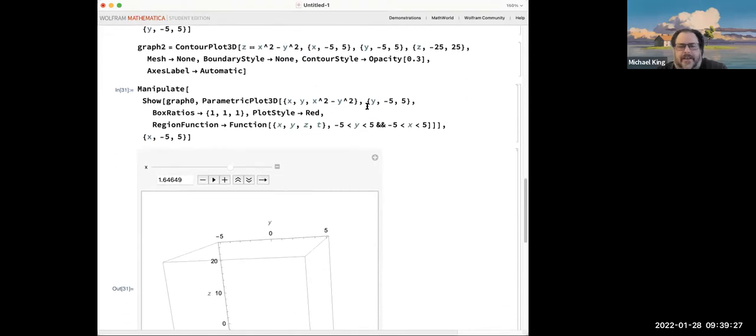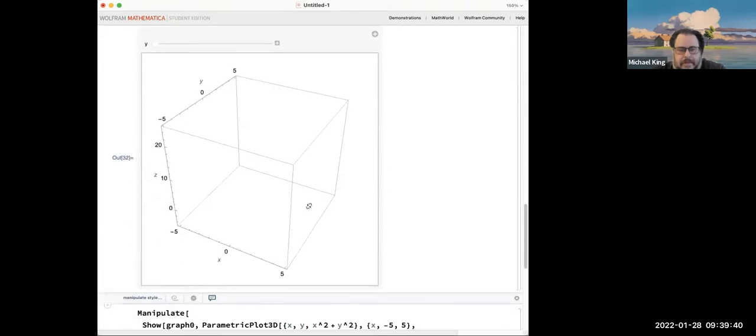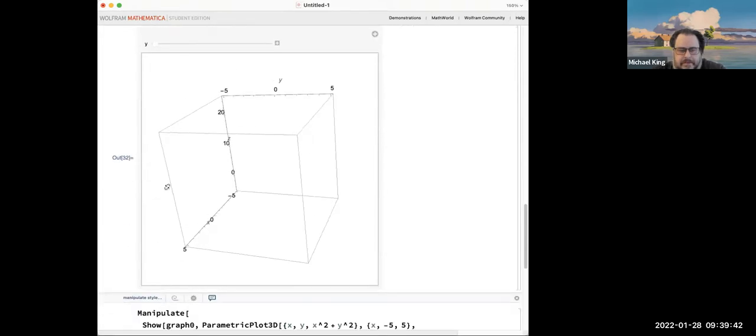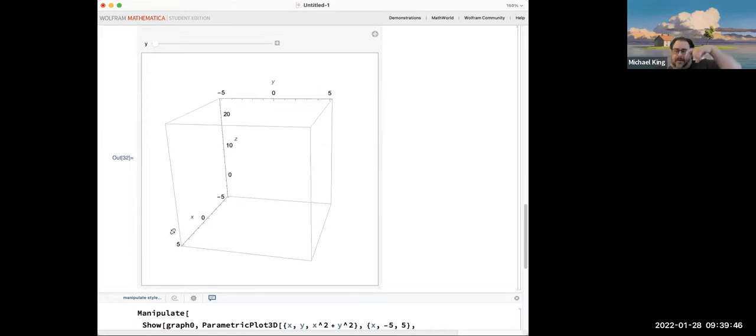Sorry. Okay, and then if I switch X and Y, so now I'm going to look at Y equals constant cross sections, and again, I'm going to change them to be blue. Okay, let me change the picture. So I'm trying to get it to look like the picture was before. So before we had upside down parabolas, as Zach mentioned, going kind of towards us, right? Like upside down parabolas kind of moving forward and away from us.